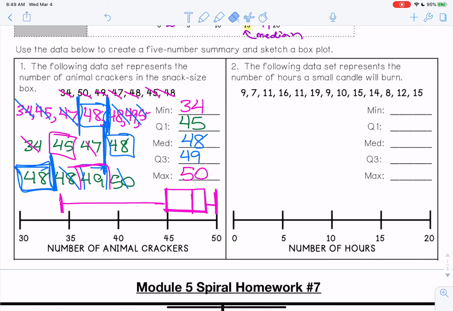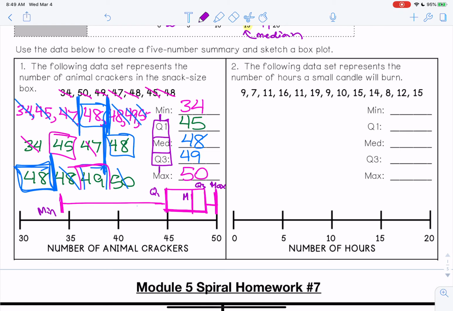This is going to be our box, and we're going to have lines separating them. And then our whiskers are going to be the max and the min. So here's my min, here's my Q1, here's my median, here's my Q3, and here's my max.